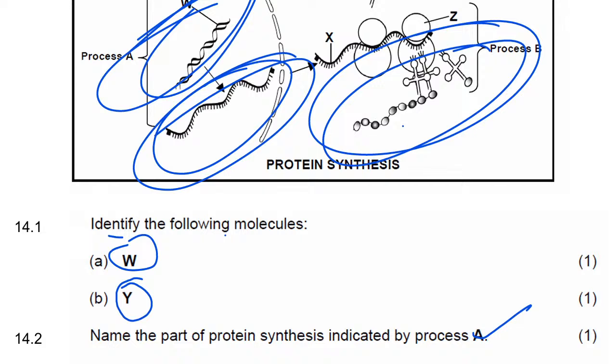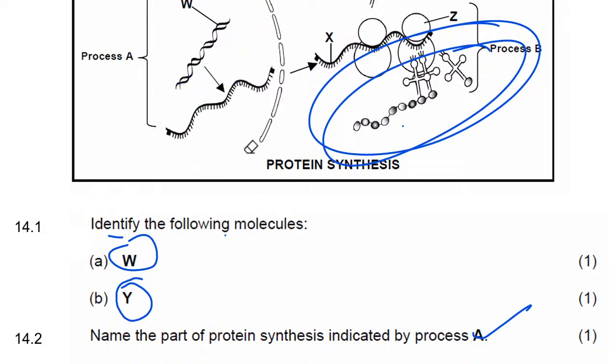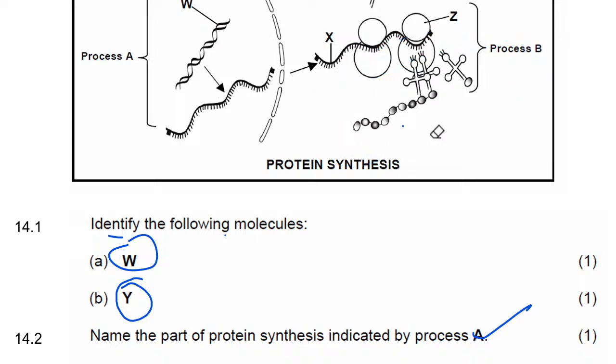Is it clear? So a change in the DNA sequence will result in a different sequence of messenger RNA, which will result in different amino acids brought to the ribosome, hence a different polypeptide chain and a different protein.